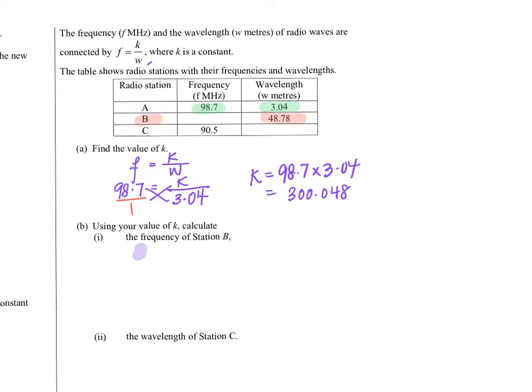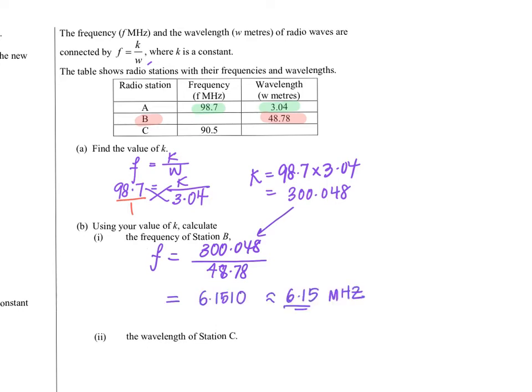So frequency I do not know. k I know, 300.048 from the previous part, divided by w, which is the wavelength, 48.78. And my frequency will be 6.1510, rounded off to 3 significant figures. Remember to include the units, megahertz.